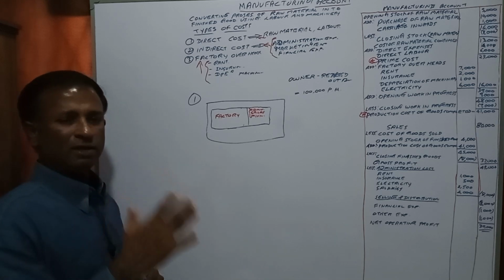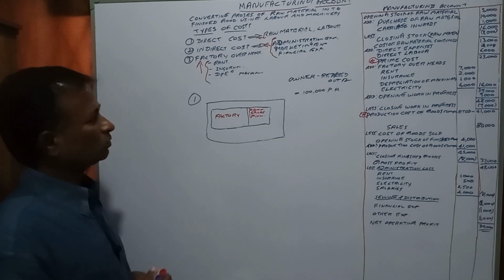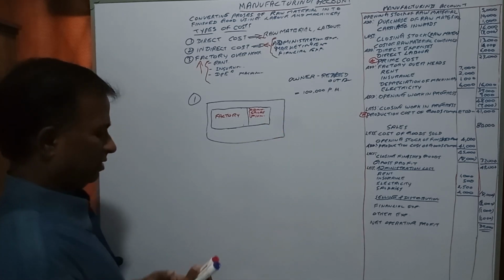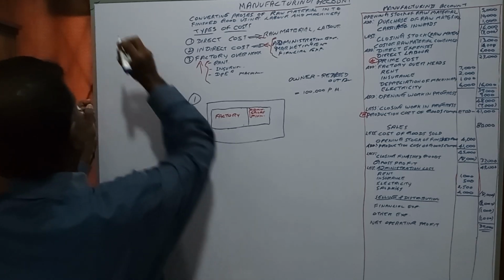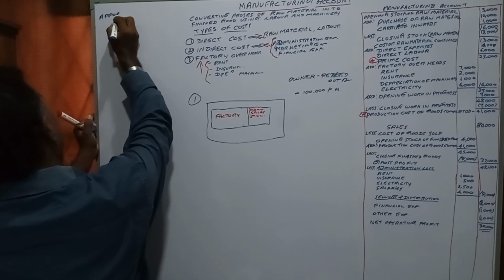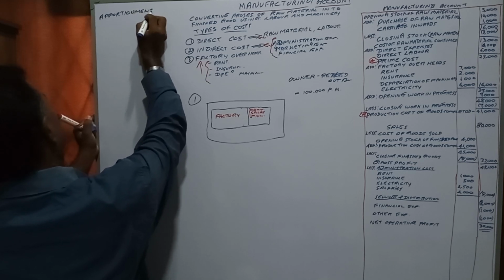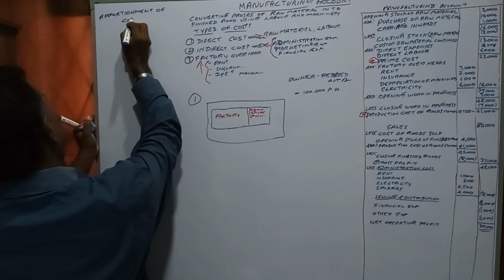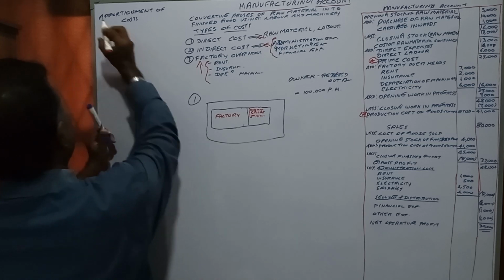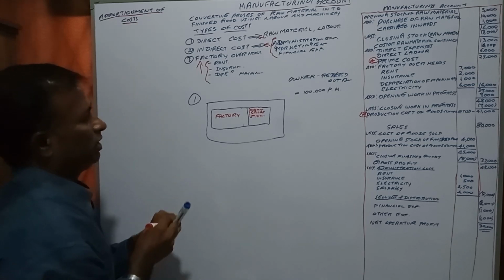So there are types of apportionment methods, right? One, apportionment of cost.